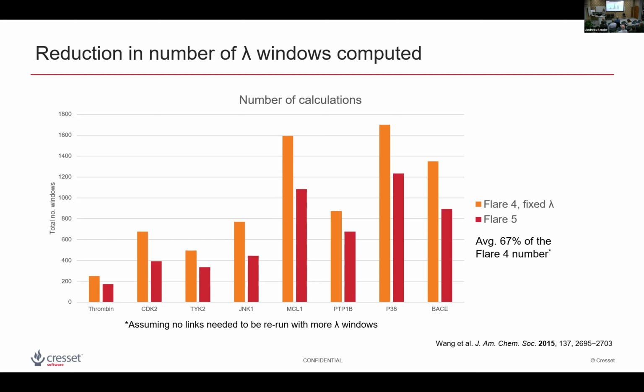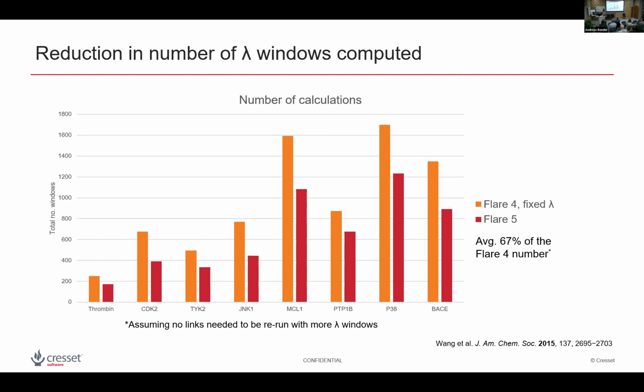And here we see the total number of windows. So in all cases, you see that Flare 5 uses 66, 67% of the windows that Flare 4 used. And keep in mind that what you see here for Flare 4 is the final windows that we ran. Obviously there were links that were a bit poor, so we ran them with 10 lambda windows.